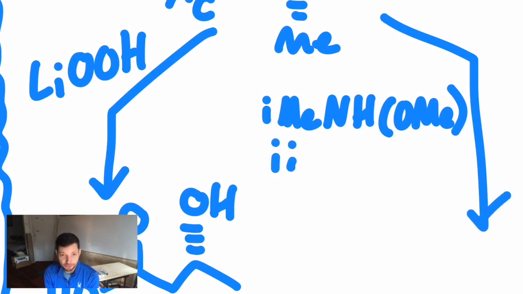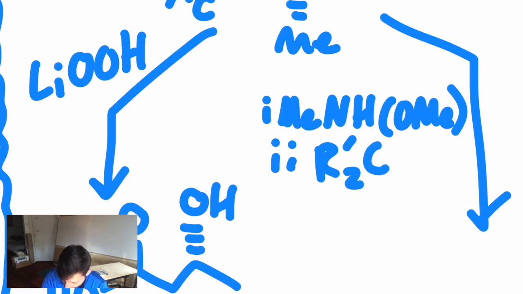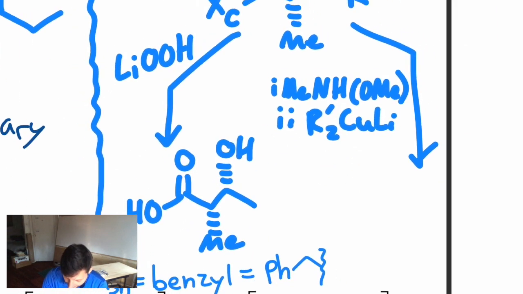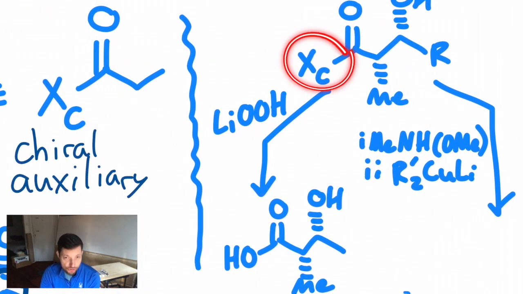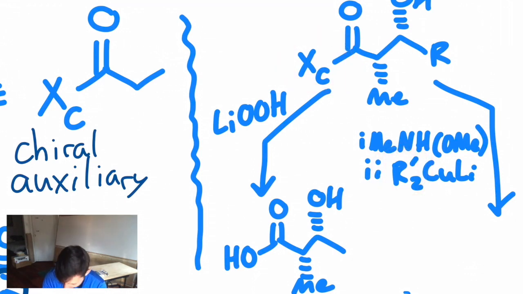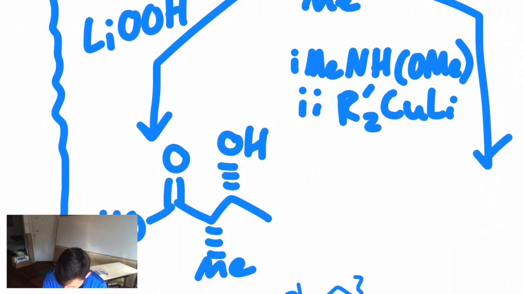And amides prevent over-alkylation. Then you can treat this with a variety of organometallics, for example, a cuprate or even a Grignard. And what that does is it replaces the auxiliary with whatever your new R group is, methyl cuprate, phenyl Grignard, things like that. I'll call that R prime, and you get a ketone.